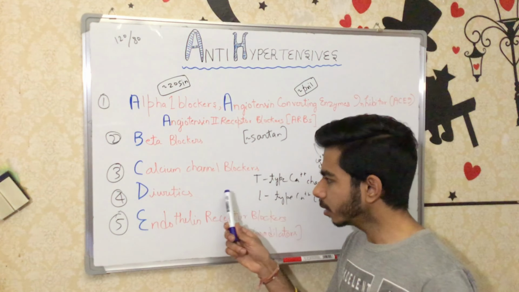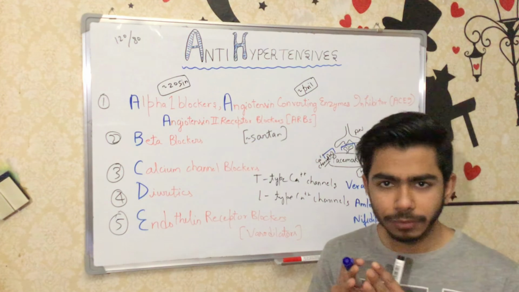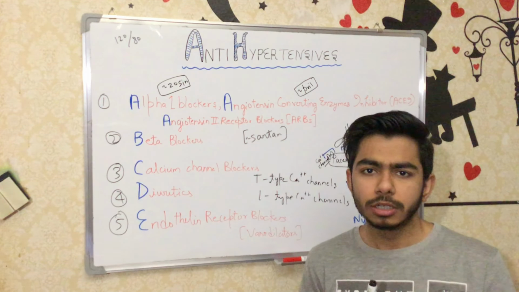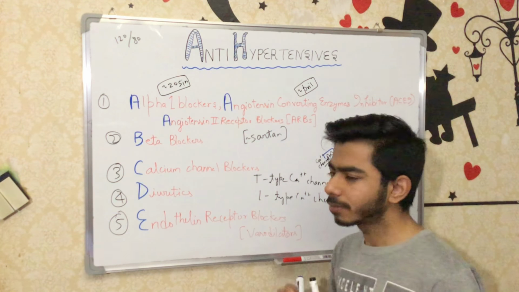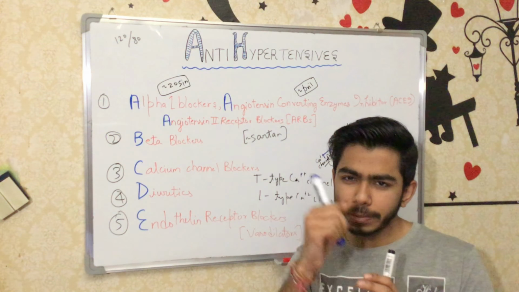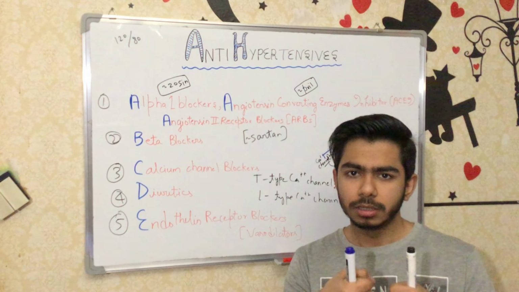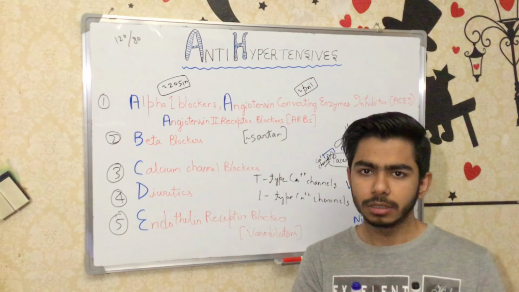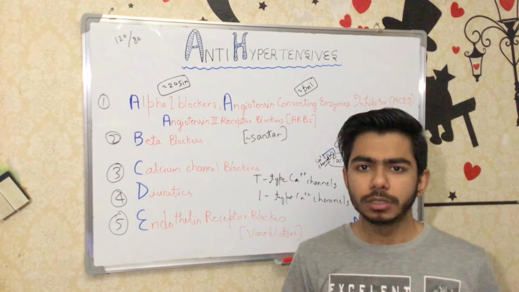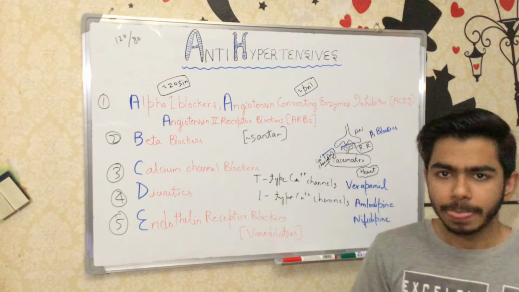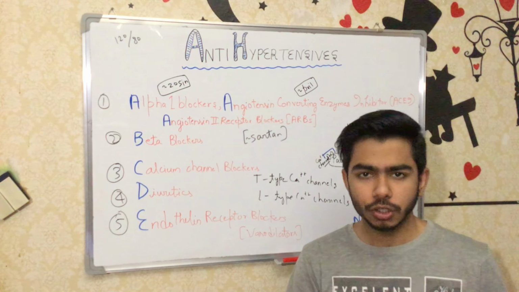So diuretics flush out the sodium and water. They don't give GFR a chance to retain the sodium and water, because if there is low blood flow through the PCT, the cells or the epithelium present near the PCT, that is the simple cuboidal epithelium, will retain the sodium and water from there. So diuretics won't allow that. They work on different segments of the nephron, and they flush out the sodium and water.